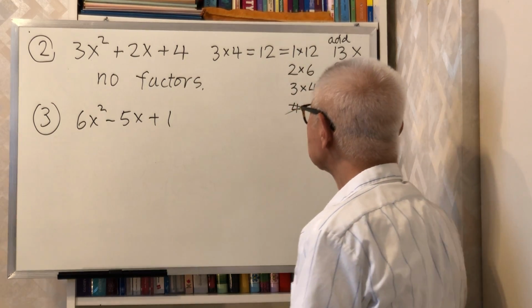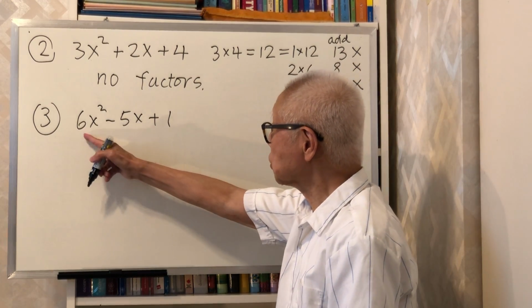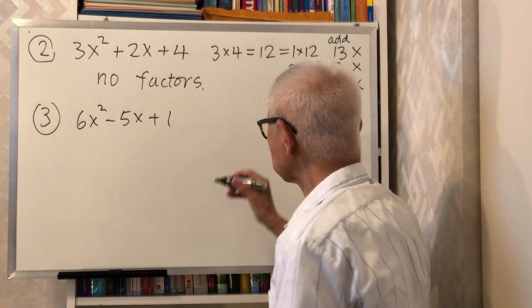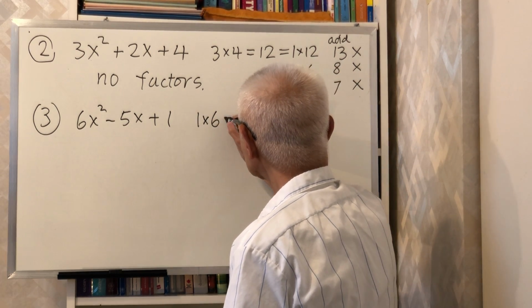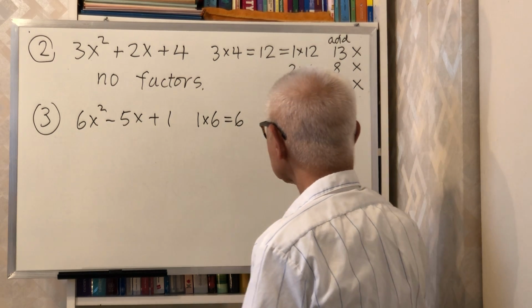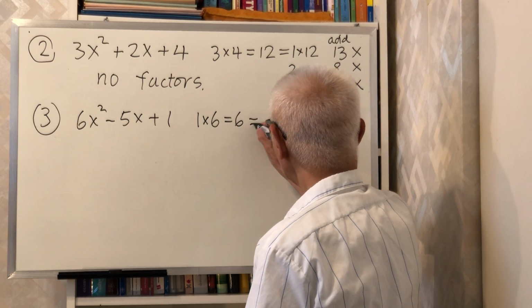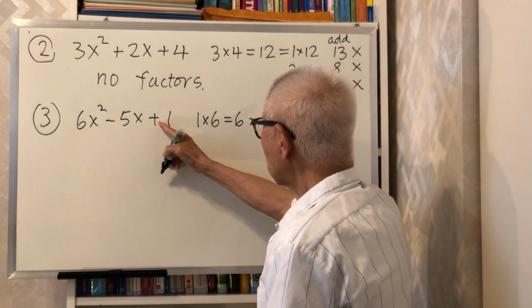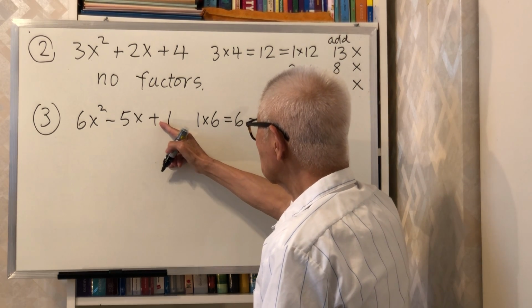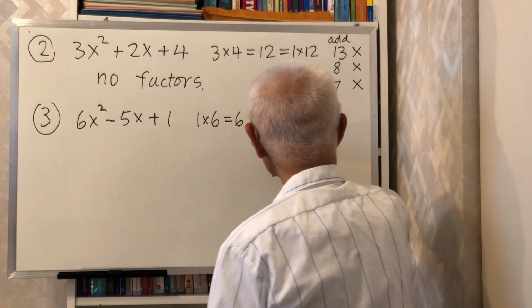Okay. 6 times 1 is 6. So 6 is 1 times 6. Here, add. So I need to add the 2 numbers.